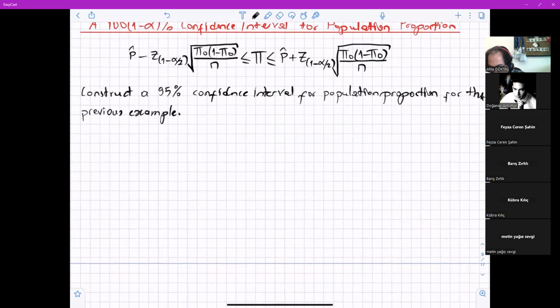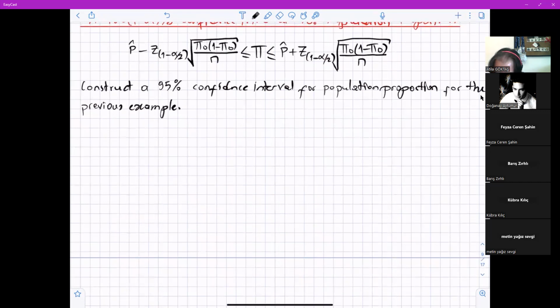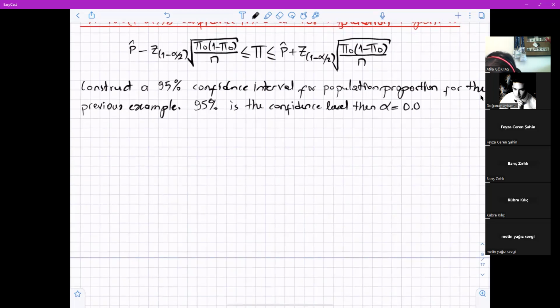Okay, we have everything to establish the confidence interval except for the critical value. If 95% is the confidence level, then alpha is 0.05.